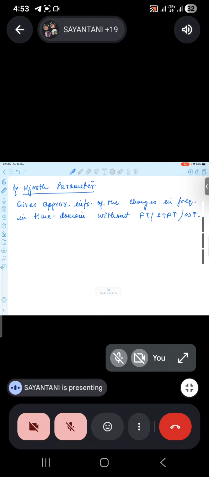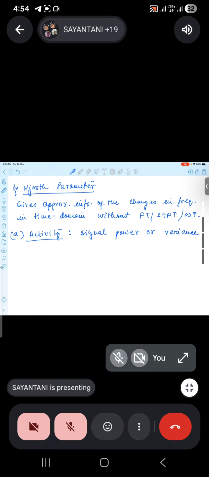So we have three types of Hjorth parameters. The first Hjorth parameter is activity. Activity basically represents the signal power, which can be acquired via the variance of a time function.